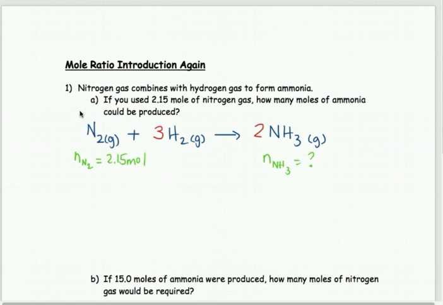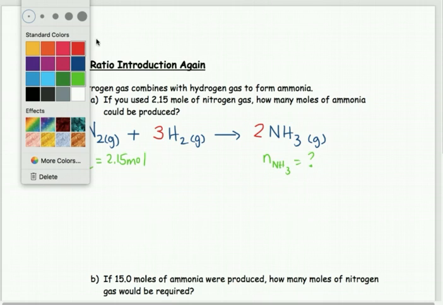From there, because of this balanced chemical equation, I want you to think of it like a recipe. You need 1 of these, 3 of these, and it makes 2 of these. So if I know exactly how much nitrogen I have, I can find how much ammonia I have by using these coefficients in front of the compounds in this balanced chemical equation. So you're going to start analyzing the ratio here.